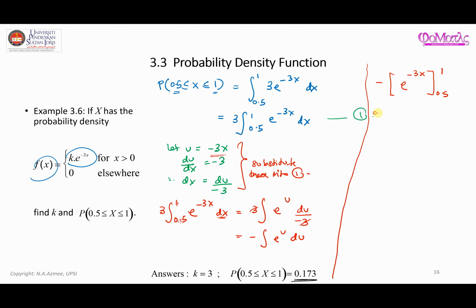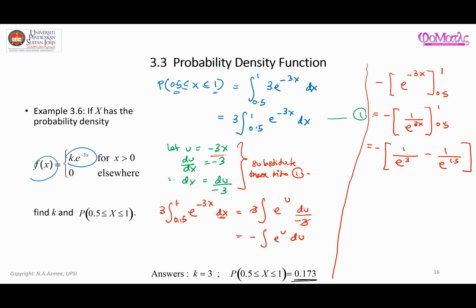This can be expressed as negative 1 over e^(3x). I'm going to express this in terms of a positive exponent: negative 1 over e^(3 times 1), which is e^3, minus e^(3 times 0.5), which is e^1.5.